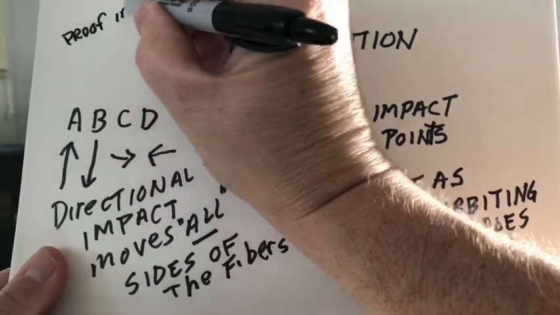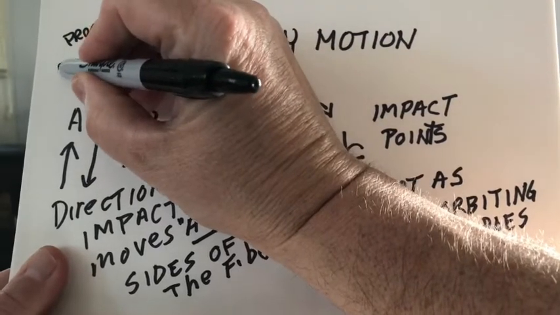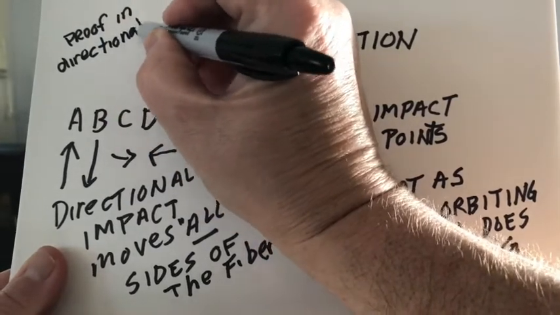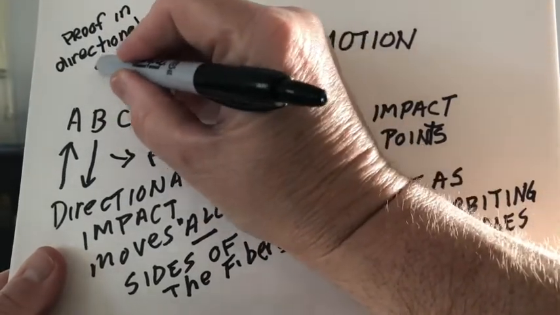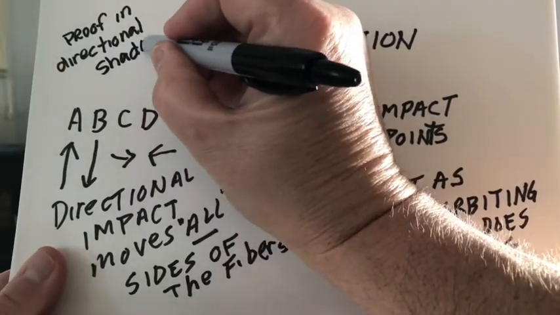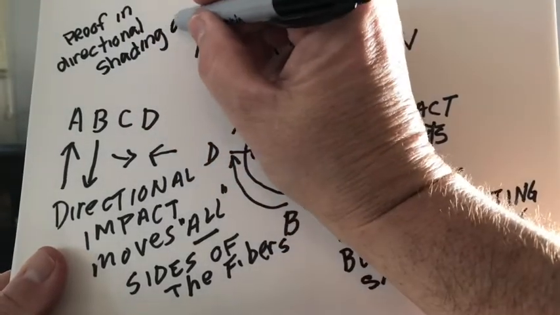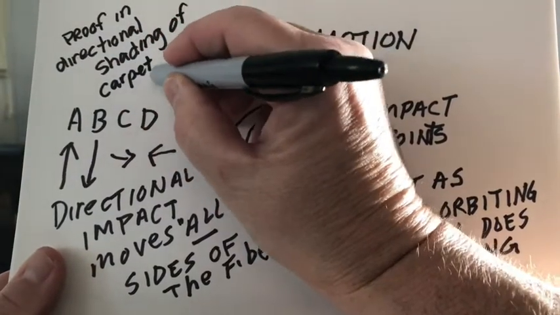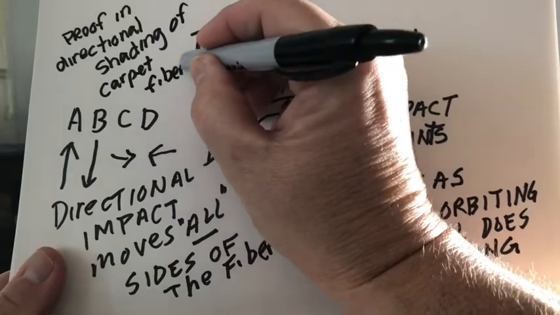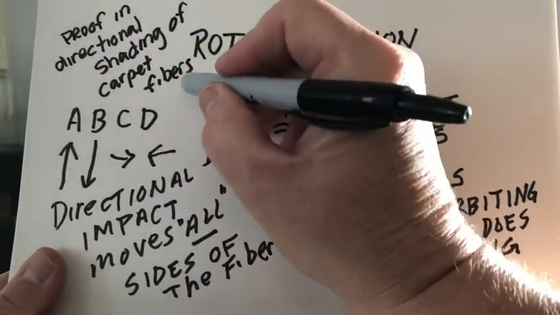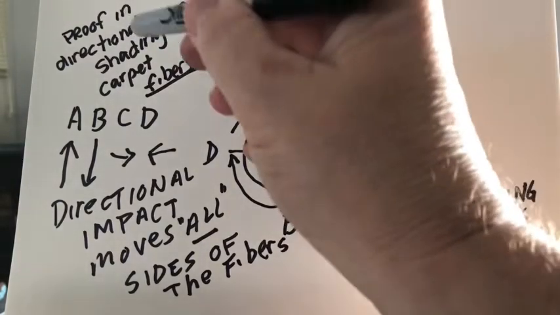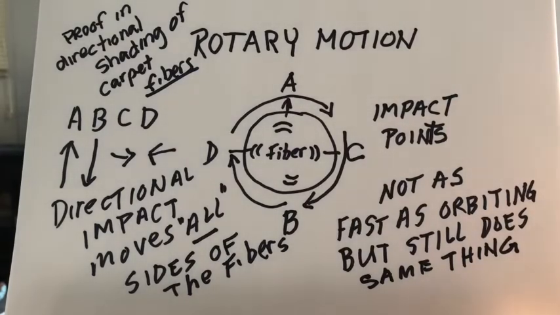You know, the proof also was as I was moving the rotary, I was getting the directional shading of the fibers. So like in my last video, you could see when I went to the right, it showed the darker side of the fiber. When I went to the left, it showed the lighter side of the fiber, which proves that you're not just flattening. A lot of people think you flatten the fiber out one direction.